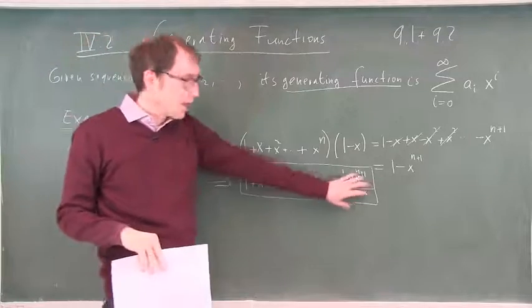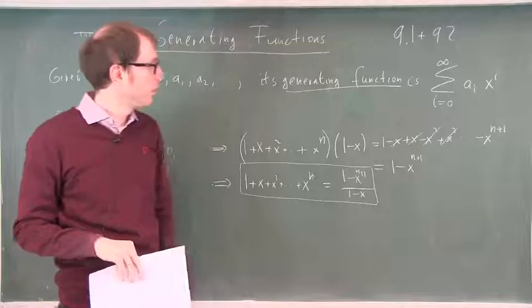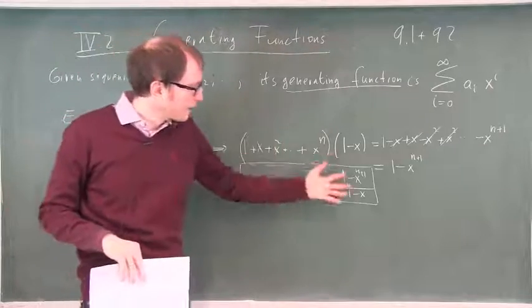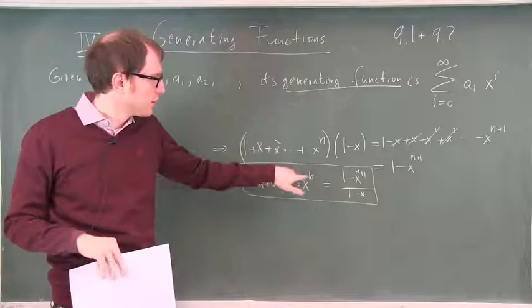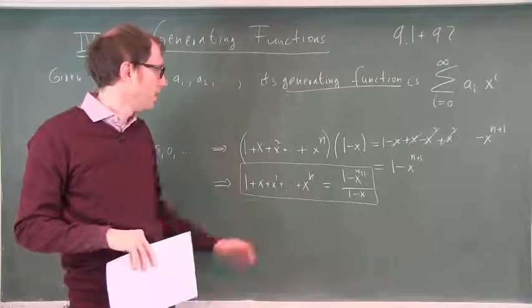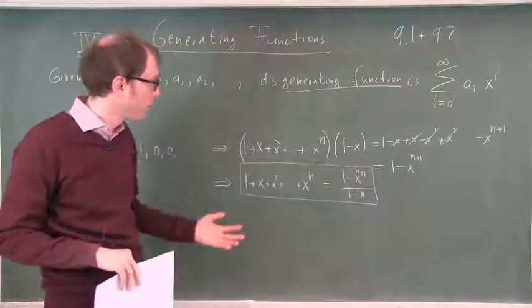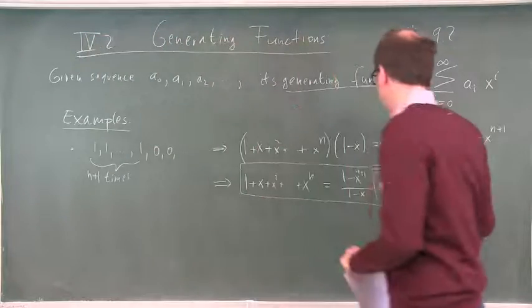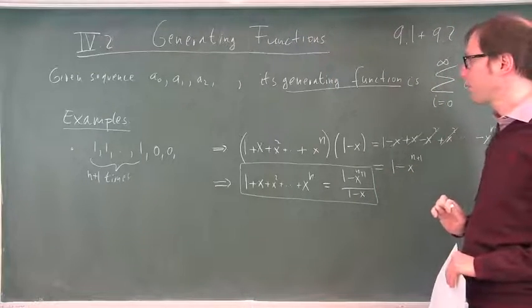You see on the right side there are no dots anymore. It's written very elegantly as a quotient of two polynomials. This is a very nice, compact description with no dots. It's also easier to multiply these things and to take powers. This is the way you would usually write generating functions.